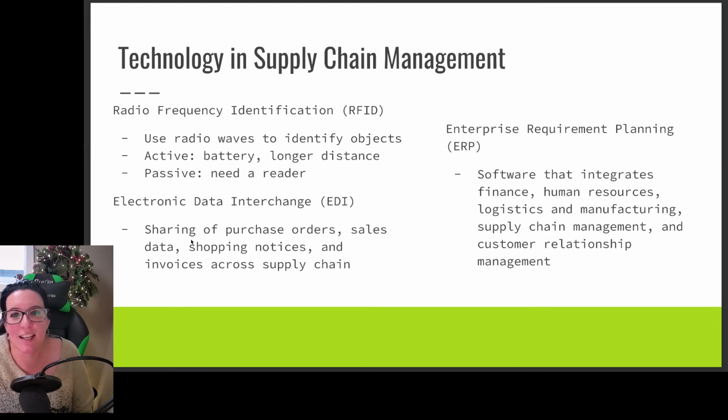We can actually take that a step further and use software called Enterprise Resource Planning that combines the information from supply chain management with information in terms of managing the financials, human resources, logistics, and the customer relationship management.